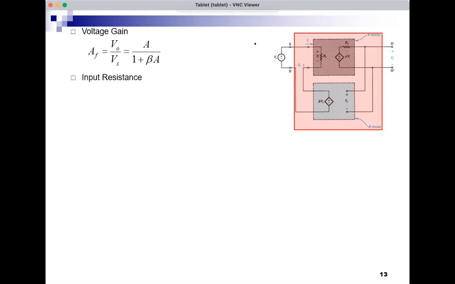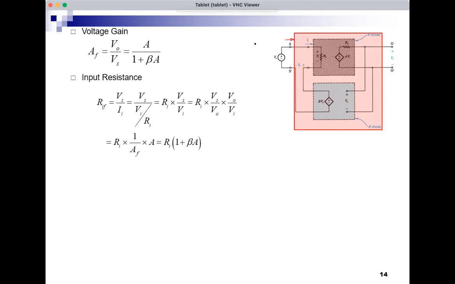I would like to know what is the input resistance of this amplifier with feedback. So this is the input current here. This is the input of the amplifier with feedback. And this is the input voltage. So Ri with feedback would be Vs over Ii. But Ii is the same current flowing here. So it's also Vi over Ri.